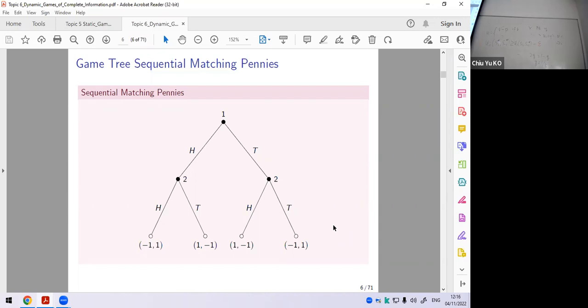Or the first stage is rock, paper, scissors; if player 1 wins, they play battle of the sexes, and if player 2 wins, they play, I don't know, prisoner's dilemma. That's possible. Then they may not draw this; they will describe it verbally, but you can see everything is there.